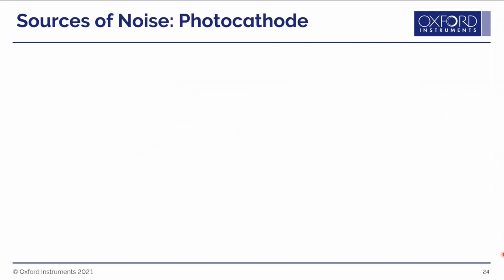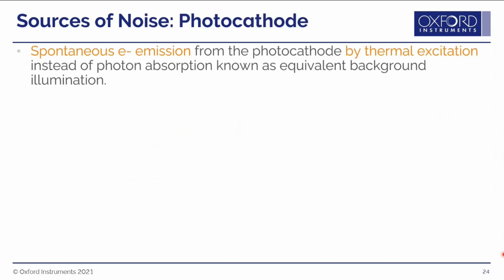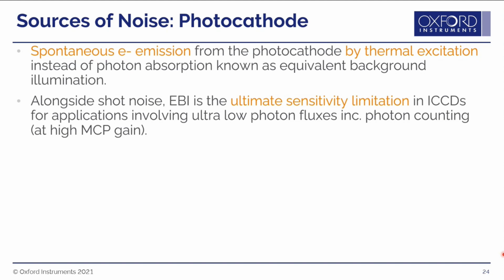There are also some sources of noise in the photocathode. There's this thing called equivalent background illumination, or EBI, and this is similar to dark current within a sensor. It is the spontaneous generation of electrons, basically due to thermal excitation within the photocathode. Alongside shot noise, EBI is perhaps one of the main limitations in sensitivity that you get in ICCDs for applications where you're trying to look at ultra low photon fluxes, say photon counting.